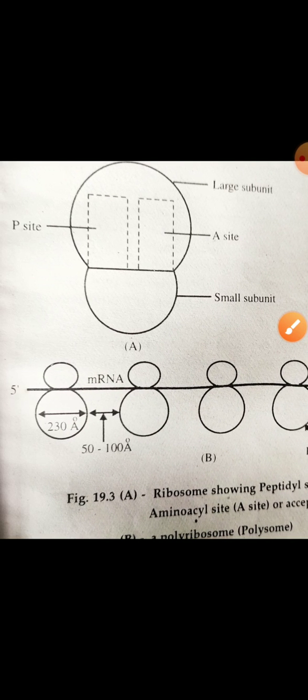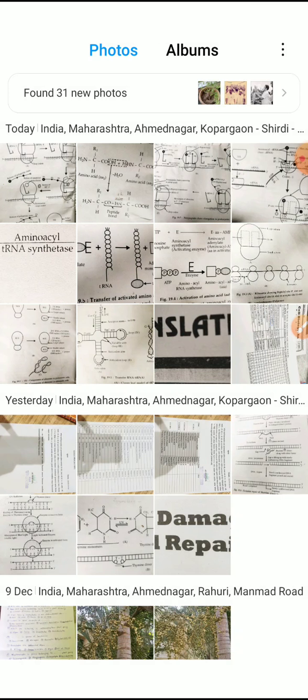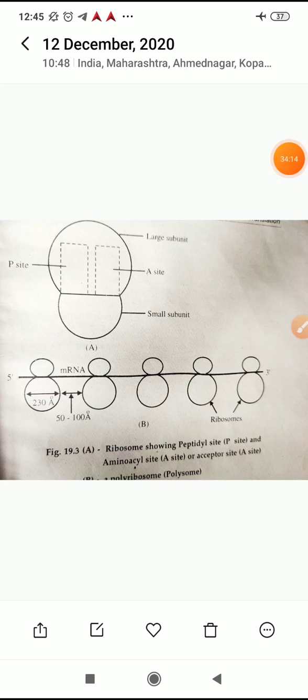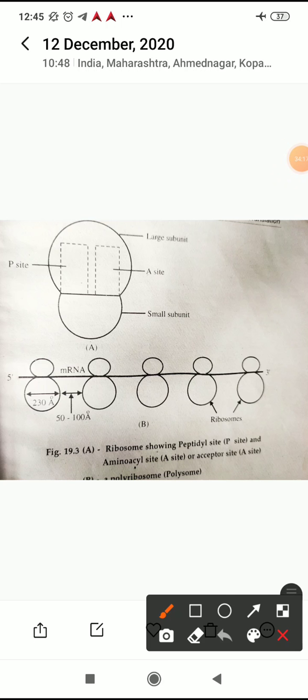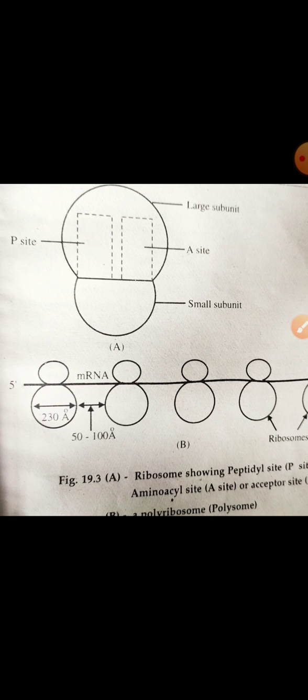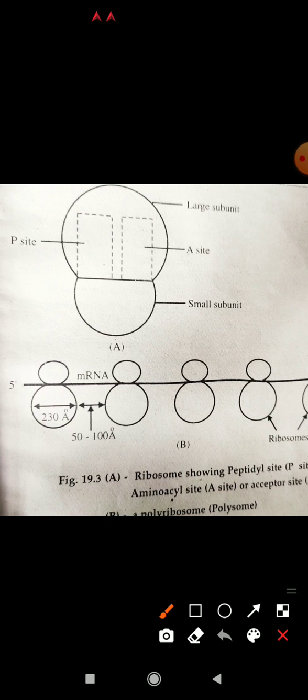See here, this is the first binding site and this is the second one. First, the P site, peptidyl binding site, and the A site. Here it is a smaller subunit, this is a larger subunit.